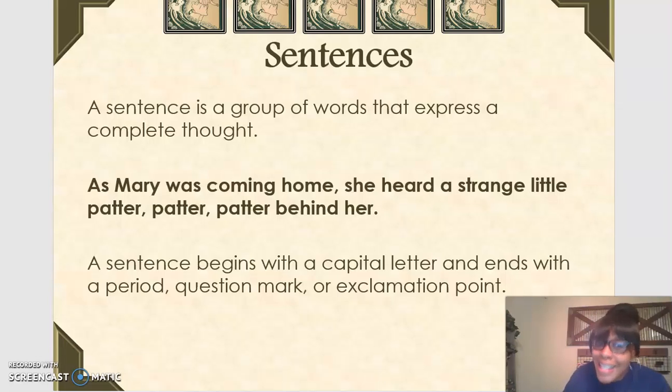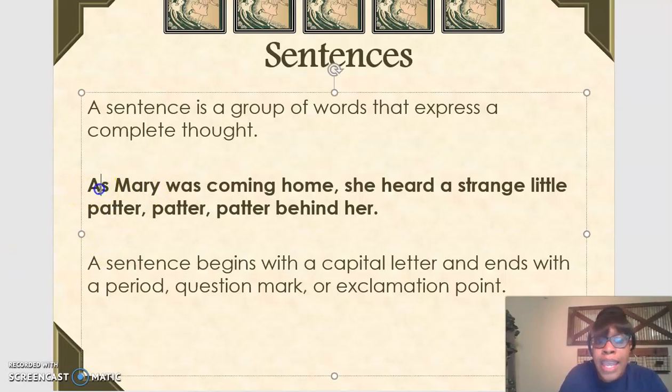So when you think about a sentence, it always begins with a capital letter, and it ends with some type of punctuation. The punctuation can be a question mark, a period, or an exclamation point, but it has to end in punctuation and begin with a capital letter.